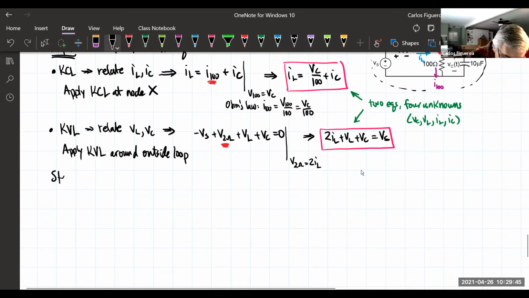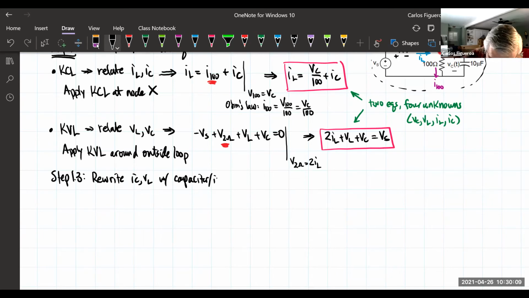So now I'm at step 1.3. On step 1.3, I have to rewrite IC and VL with the capacitor and inductor equations and define equation 2.